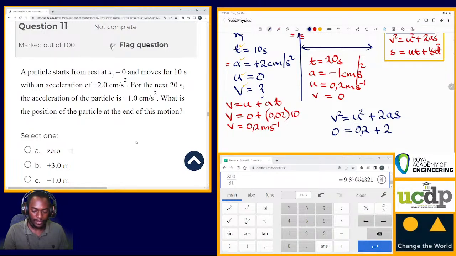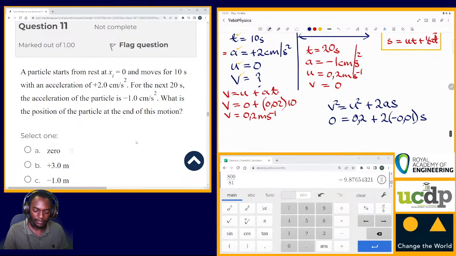2 and a. What is our a? Actually, it's negative because it's a deceleration. That becomes negative 0.01 to as.